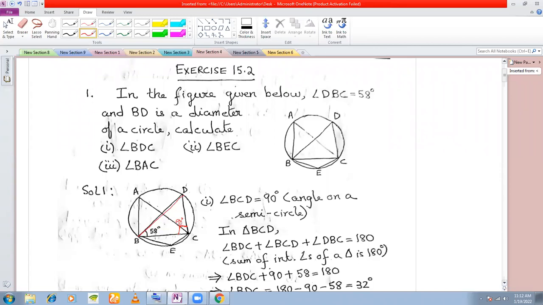And if this angle is 90 degrees, now if you look at this triangle here, triangle BDC, angle BDC is nothing but the third angle of this triangle, right? So this angle here will be equal to 180 minus, because the sum of the angles of a triangle is 180, 180 minus (90 plus 58), isn't it? Right? Which is equal to 32 degrees. And that is what I have done.